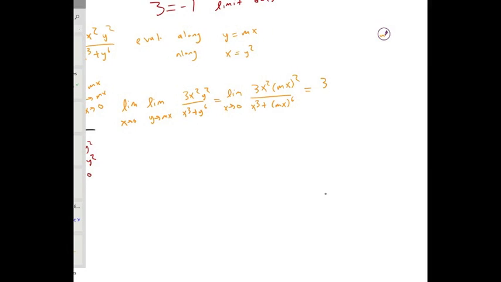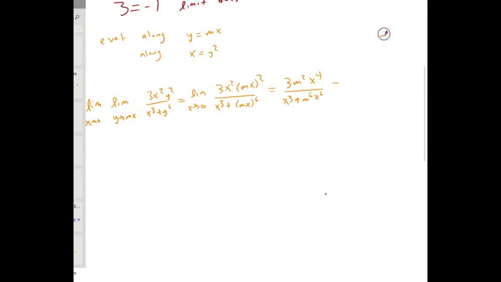And this will just be 3m squared times x to the fourth over (x to the third plus m to the sixth times x to the sixth). And if we factor out x to the third from the bottom, we'll have x to the third times (1 plus m to the sixth times x to the third). And x to the third on the bottom will cancel with x to the fourth on top, leaving just x. And, sorry, I should have been writing limit as x approaches 0.